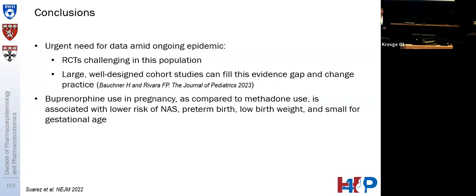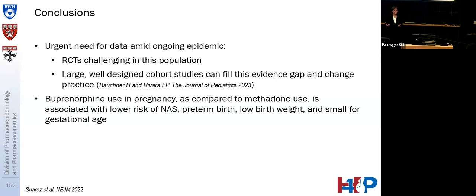There was a very interesting editorial published earlier this year in the Journal of Pediatrics by Drs. Wagner and Rivera, who stated that these large, well-designed forward studies can fill this evidence gap and can actually change practice. And interestingly enough, they referred to the study that I just shared with you.